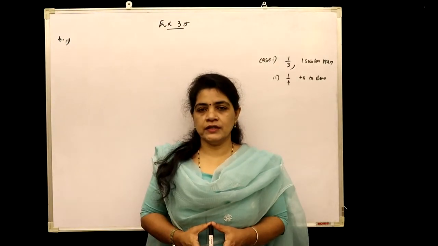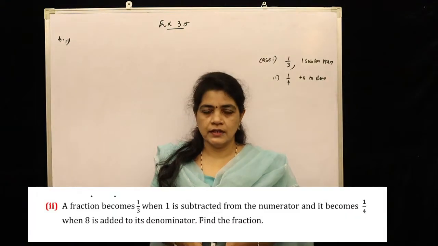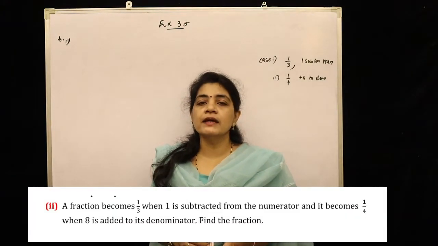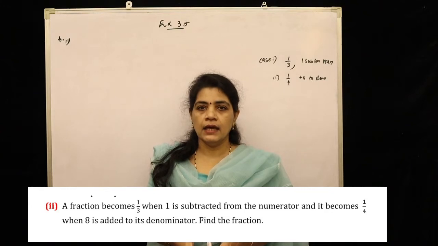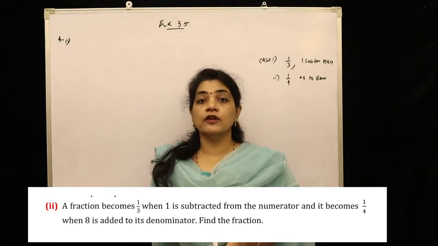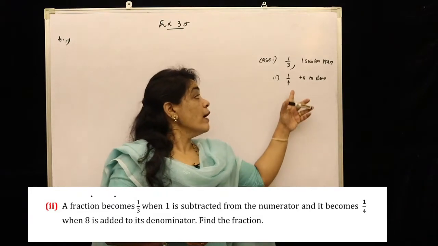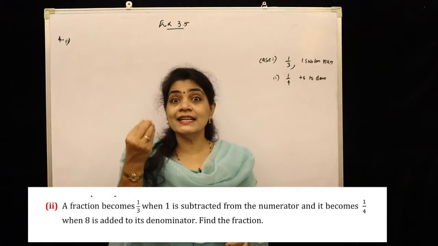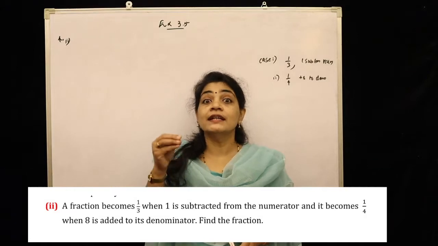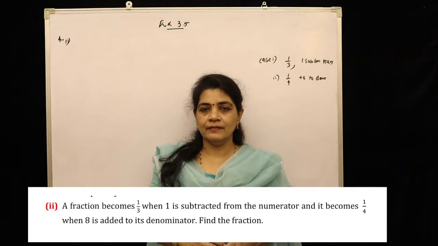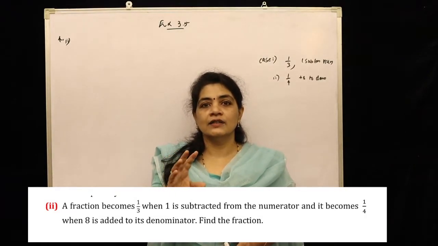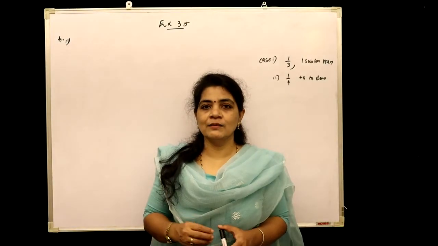Now the second question, it's a very simple question. A fraction becomes 1 by 3 when 1 is subtracted from its numerator, and it becomes 1 by 4 when 8 is added to its denominator. We have to find out that fraction. It's a very simple question.